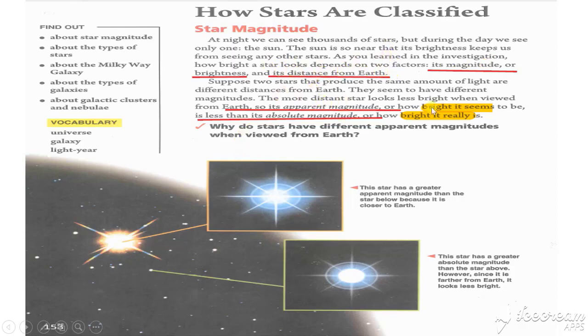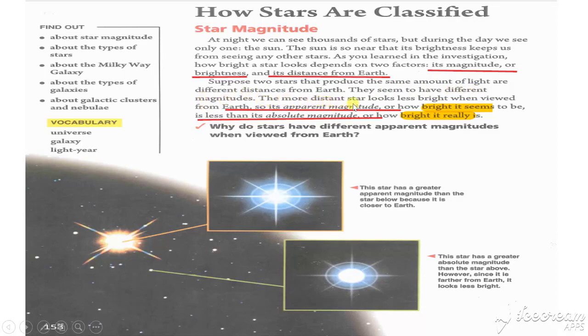Do you remember, my pupils? I talked about this question in the class. Suppose two stars that produce the same amount of light are different distances from Earth. They seem to have different magnitudes.